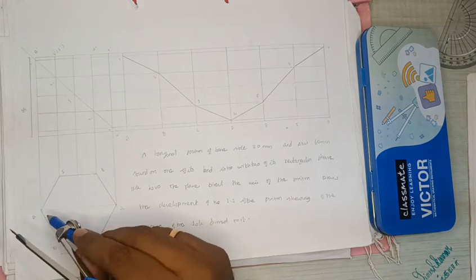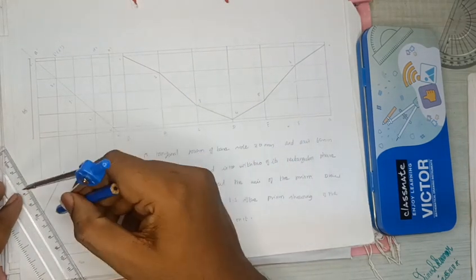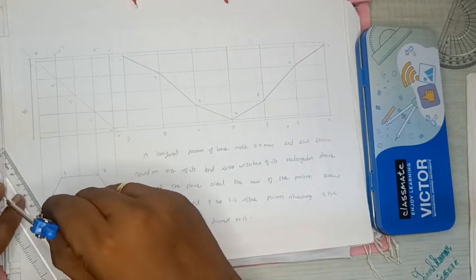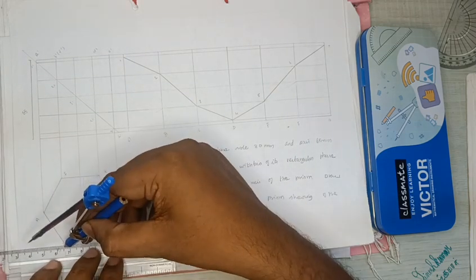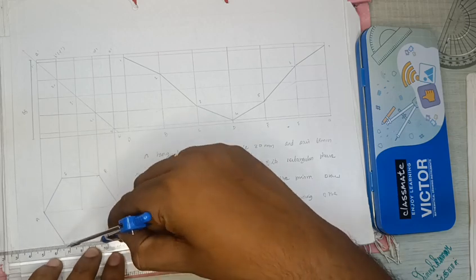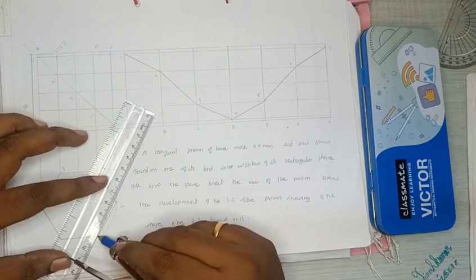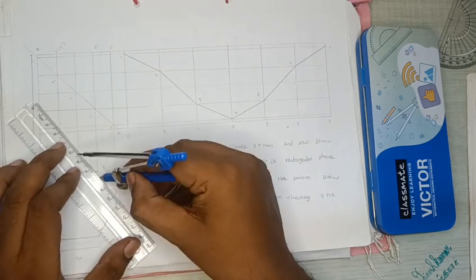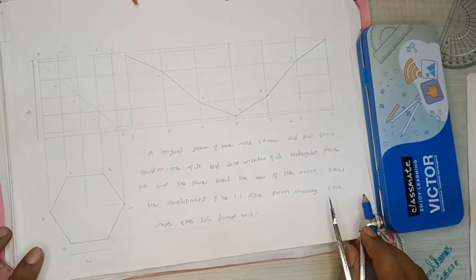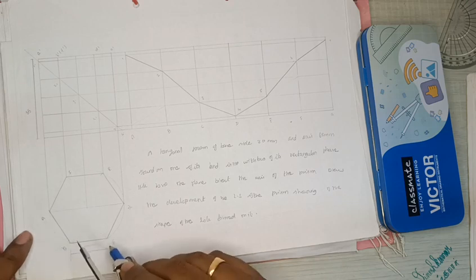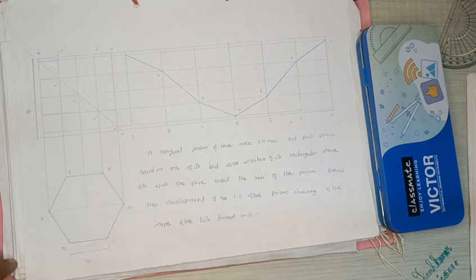Okay, now connect all the lines. A, B, C, D, E, F. This is a hexagonal prism.